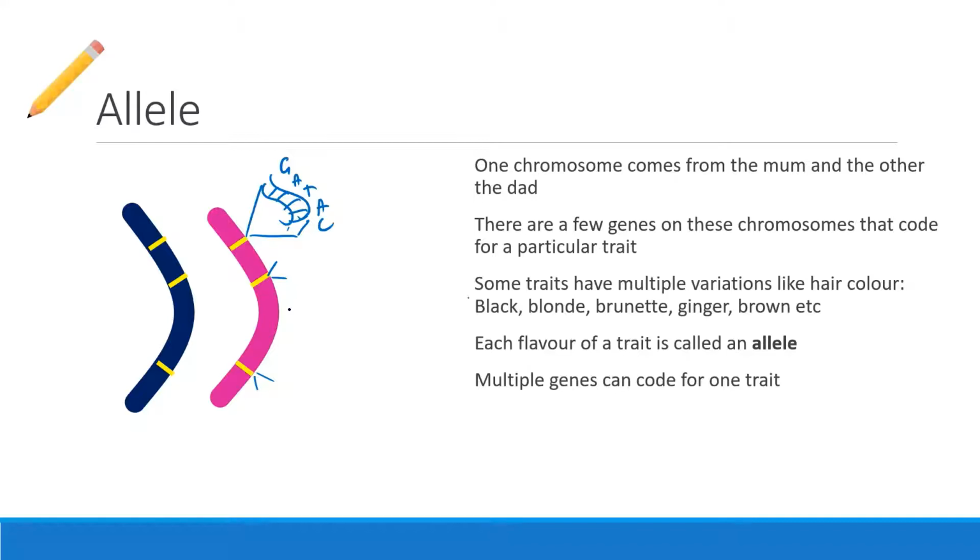Now, as for traits, we've got to be careful. There are so many different variations. I always like to use hair color as an example. You can use any of these as an example, but for example, hair color. You could have black hair, blonde hair, brunette hair, ginger, brown, sandy blonde, dirty blonde, black with streaks of brown in it.